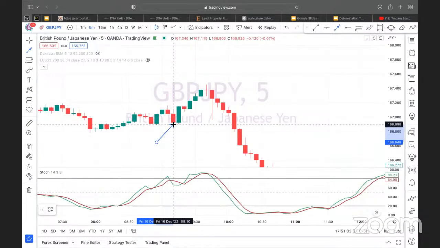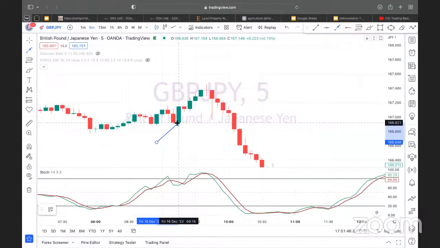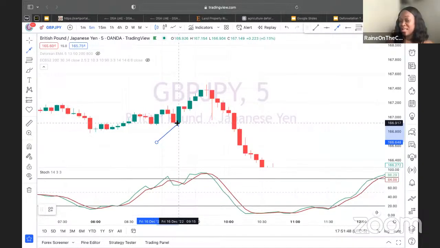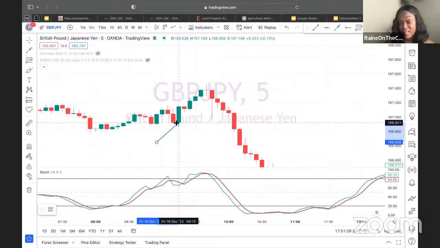It opened at the bottom because the red candle, a bearish candle, closes at the base, so the next candle has to open at the base. And now, is this candle bullish or bearish? Bullish, because it's green. So price went up and it closed at the top here.